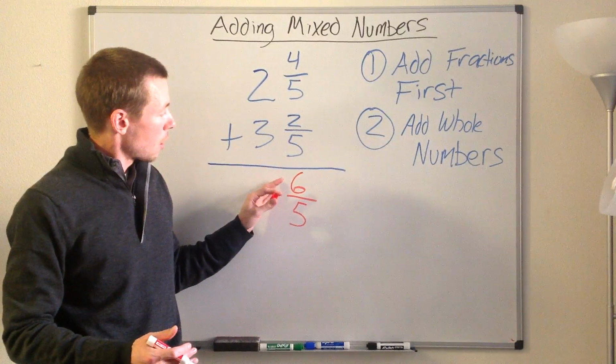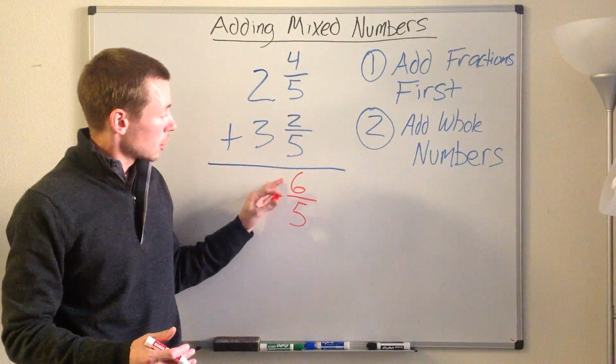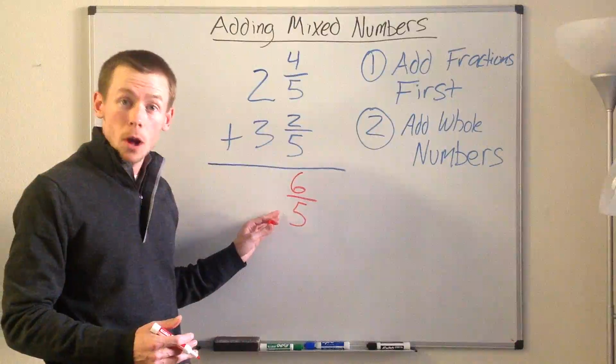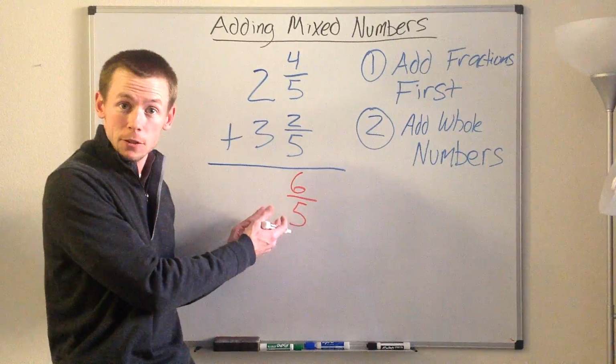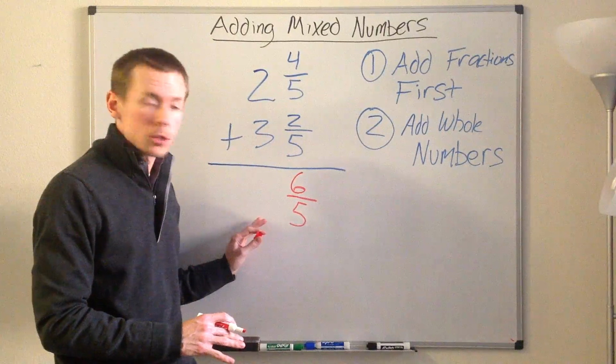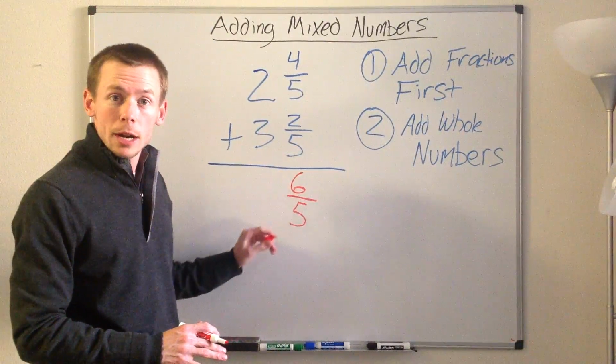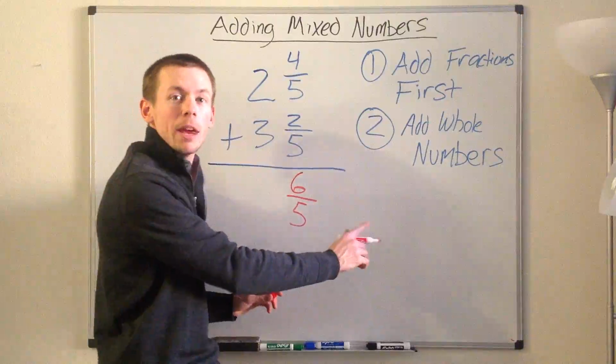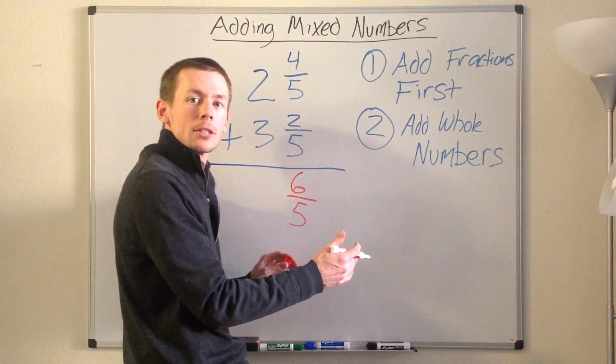So if we get a fraction where the numerator is smaller than the denominator, like 3/5 in the previous problem, we leave that alone and move on to the whole numbers. But if the numerator is larger, off to the side we have to convert it to a mixed number.